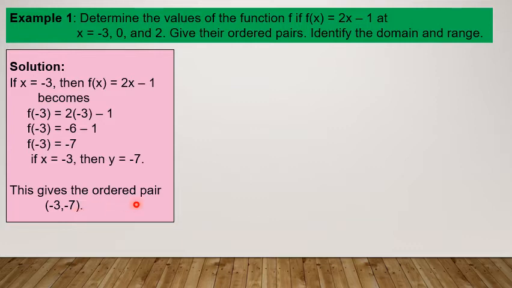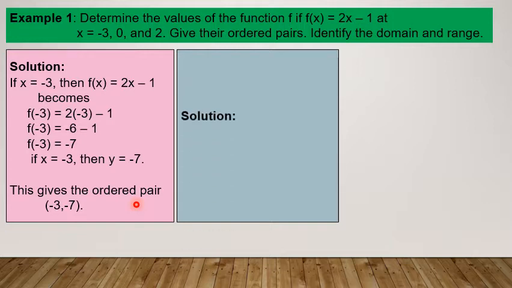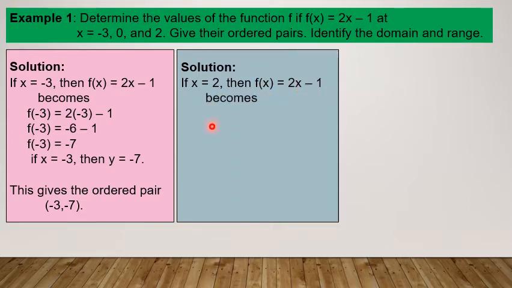All right, let's go to the next solution. If x equals 2, then f of x equals 2x minus 1. Again, we're going to substitute. f of 2 equals 2 times 2 minus 1. We substitute for each x.